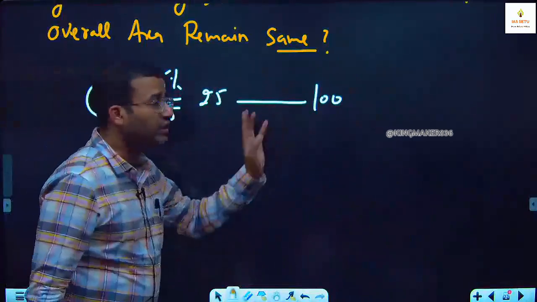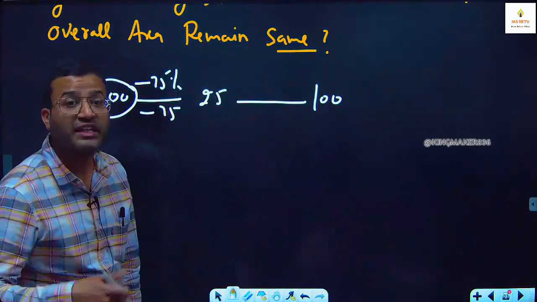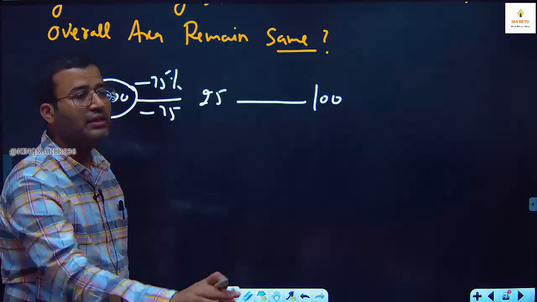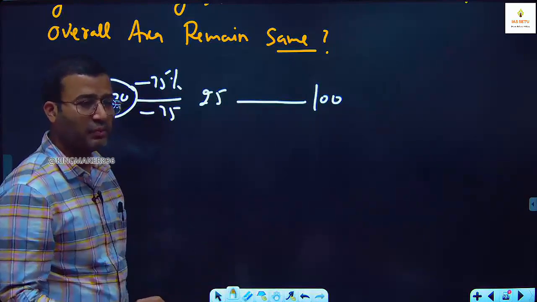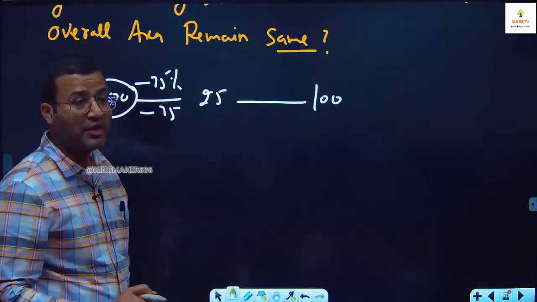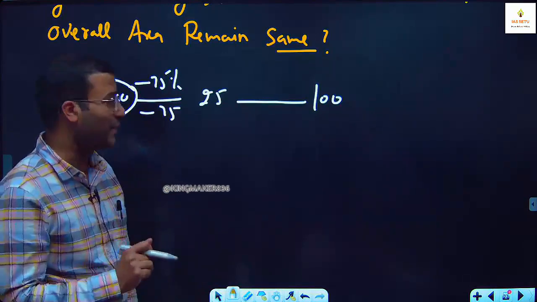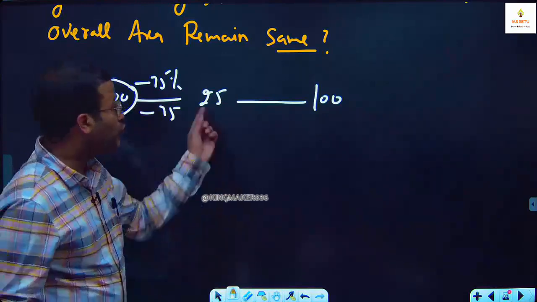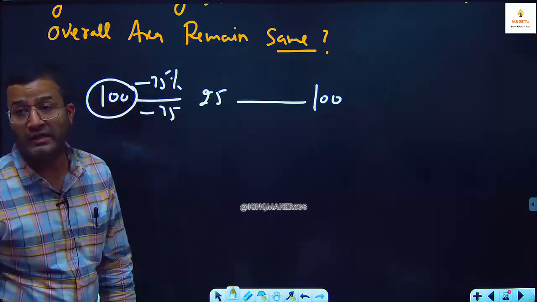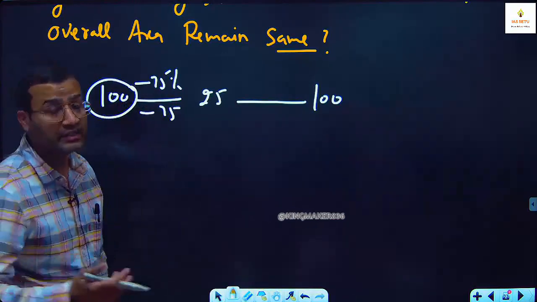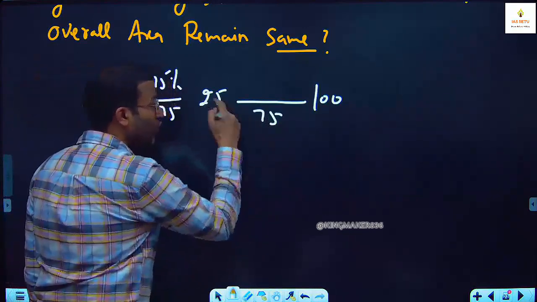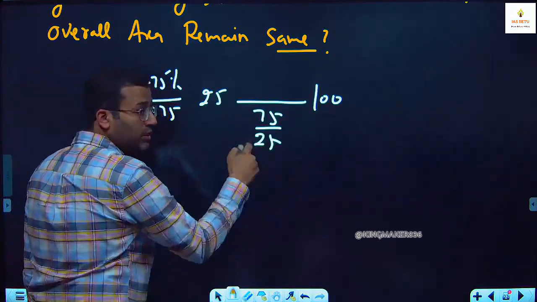Tell me, 25 to 100, you have to increase or decrease? Increase. सर गलत आंसर बोल रहे हो, 4 बार बोल रहे हो. मैंने सुन लिया. मैं इसलिए पॉइंट आउट नहीं करना चाह रहा था, सबको पता चल जाएगा कि आंसर गलत है. 25 to 100, what we have to do? Increase कितना? 75 on this 25. It will be the base.